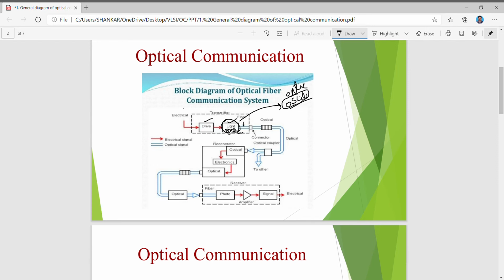Here the light source generally used is an LED or laser circuit.